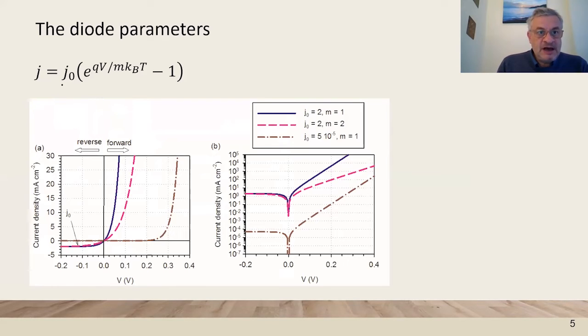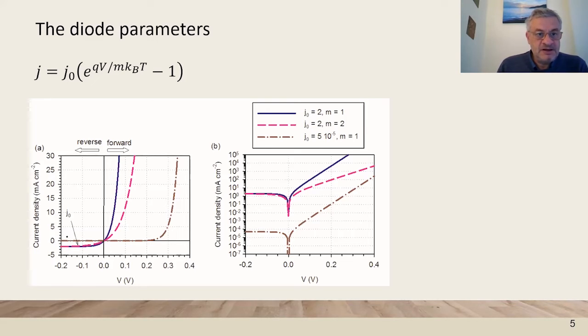This is the amount of recombination in the dark when the diode is in equilibrium, that is expanded exponentially by the forward voltage. And we can see that the current increases according to J naught. So if J naught is large, there will be much more forward current, and also the same in reverse.